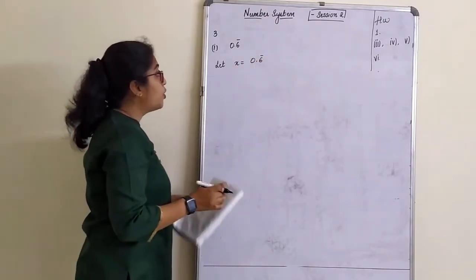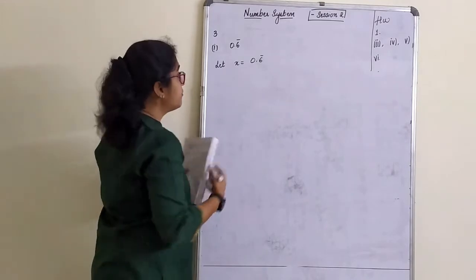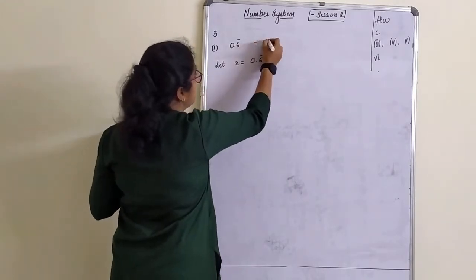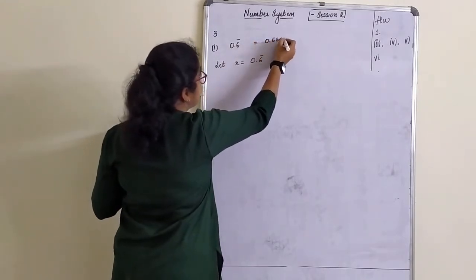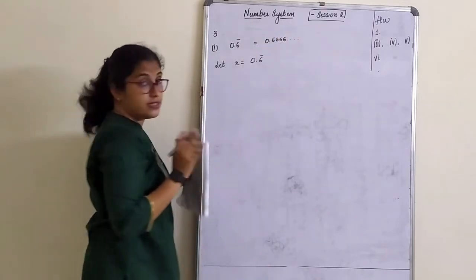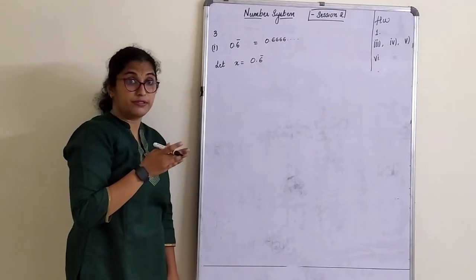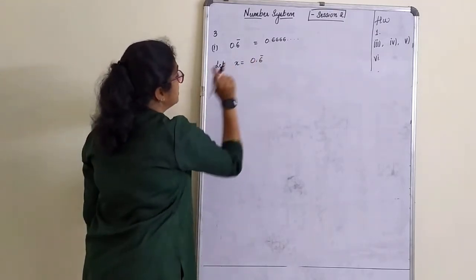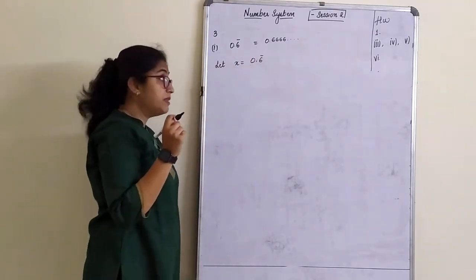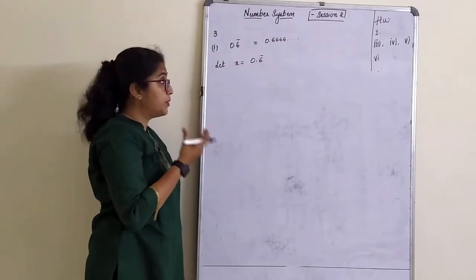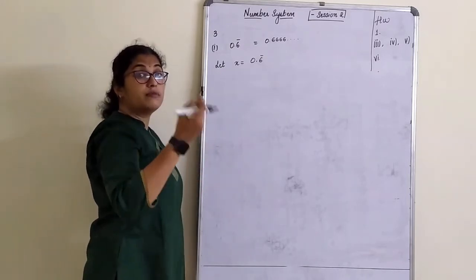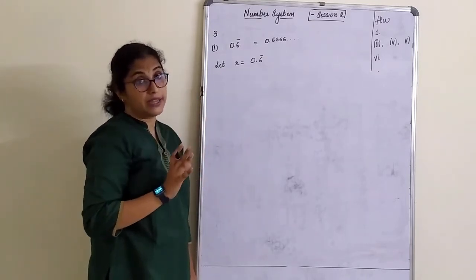Now 0.6 bar means actually what? This is nothing but 0.6666. This is the number given. What number is it? A periodically recurring number, right? Not terminating. Now the main aim in this given sum is to remove the decimal and to remove the bar.